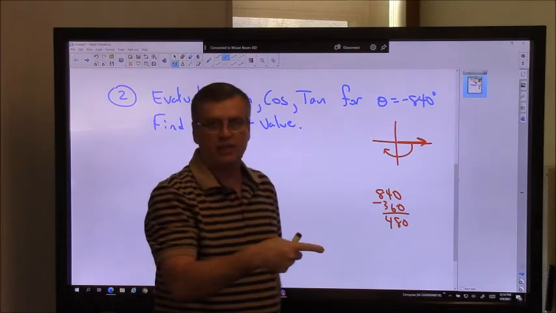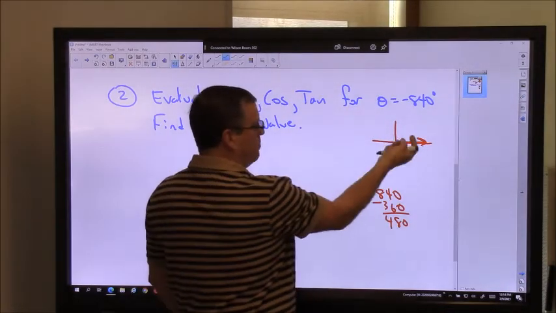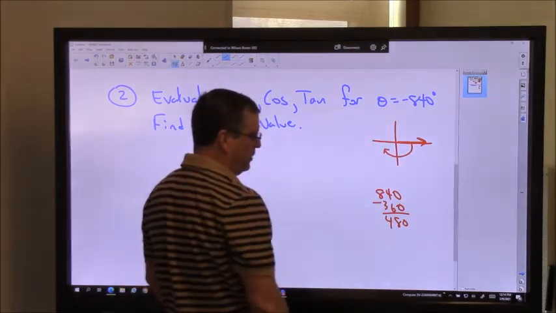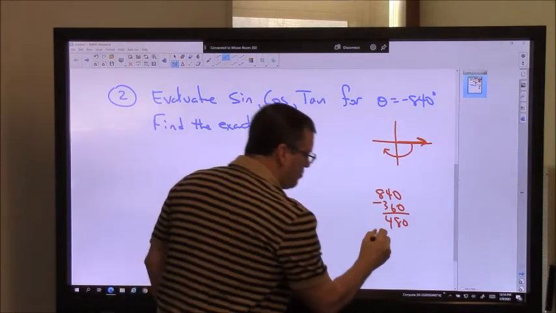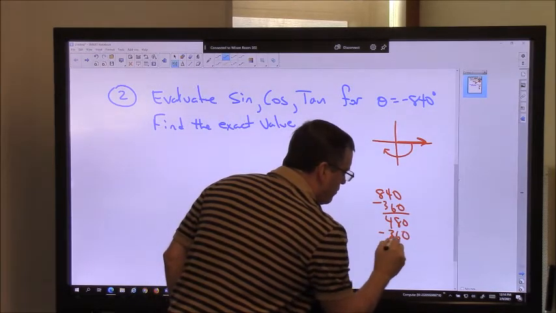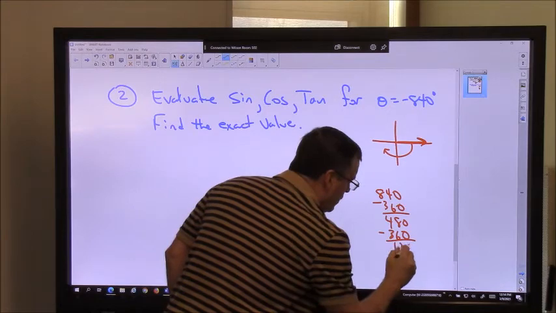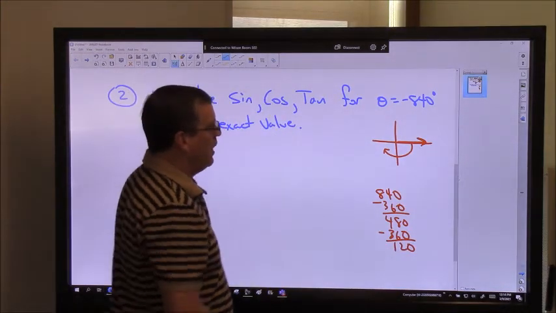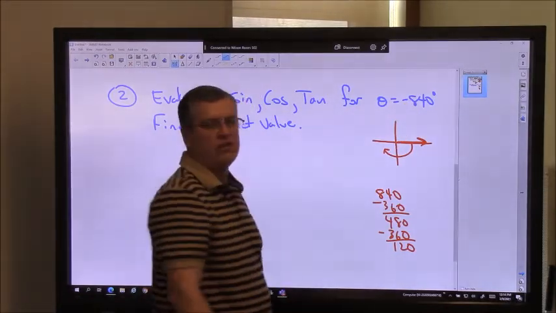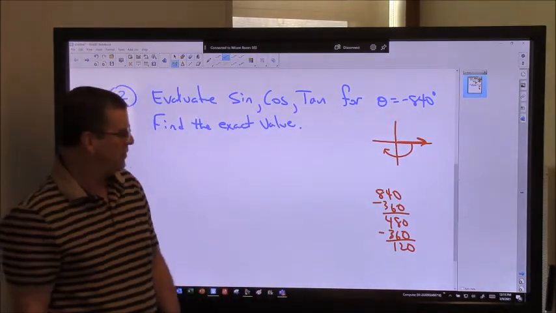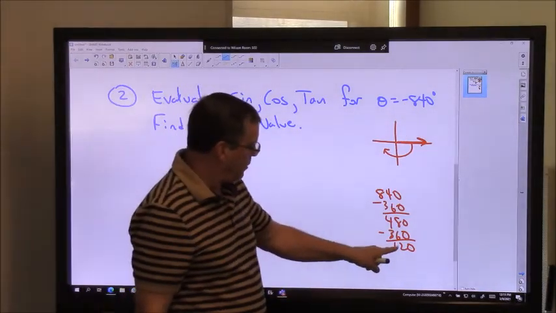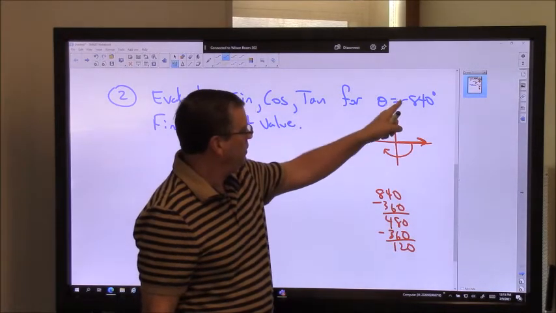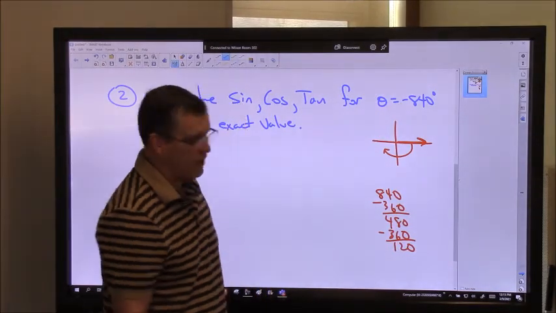Okay, but I'm going in the negative direction, right? So I'm thinking positive, but I'm doing this in the negative direction. Well, that's still around more than 1, so let's subtract another 360. And now what I have is 120 degrees. Okay, so I suppose you could have said add 360 to this and then add 360 again. But what I want to do is go 120 degrees in the negative direction, and that's the angle that we're focused on.